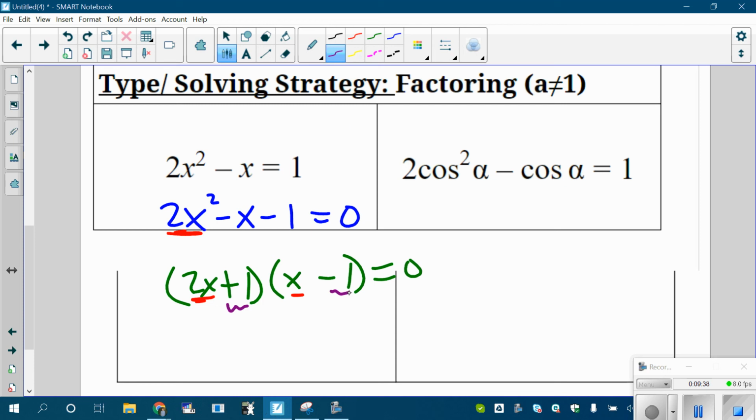And when I do inner and outer, they better combine to give me negative x. So 1 times x is x, negative 1 times 2x is negative 2x. Put those together, you get a negative x. That factoring strategy is called guess and check. Okay? You just kind of guess what the factors are until you figure out 2 that work.